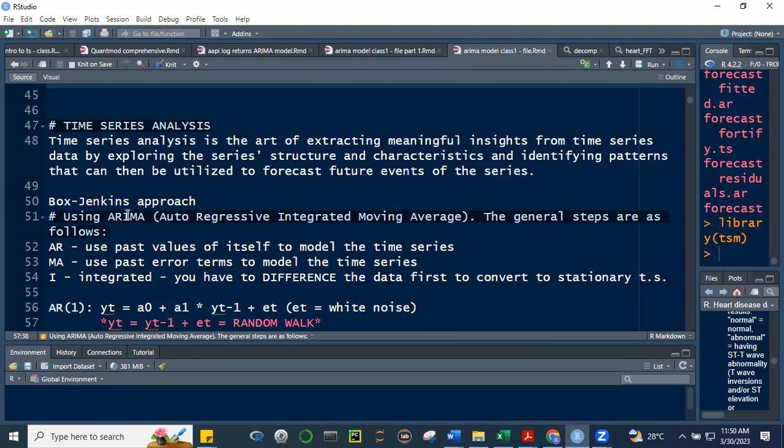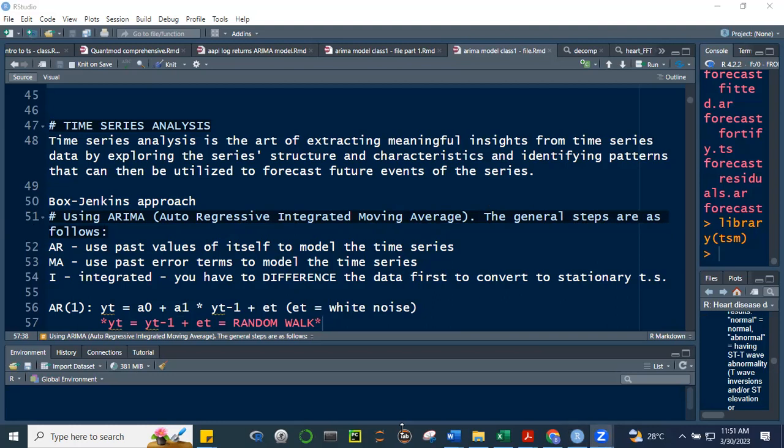So we're using the Box-Jenkins approach, the ARIMA method. ARIMA stands for autoregressive integrated moving average, where AR, autoregressive, makes use of the past values of itself to model the time series.